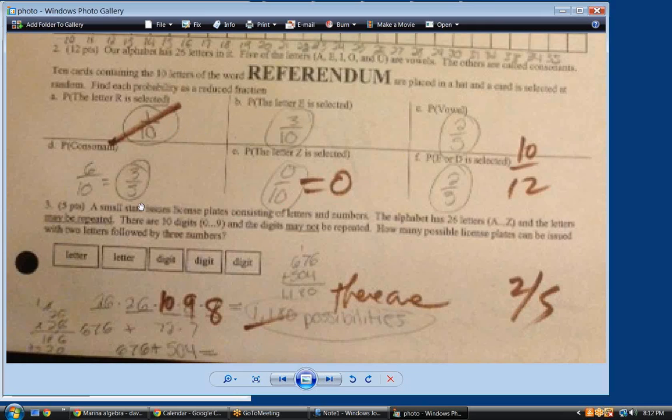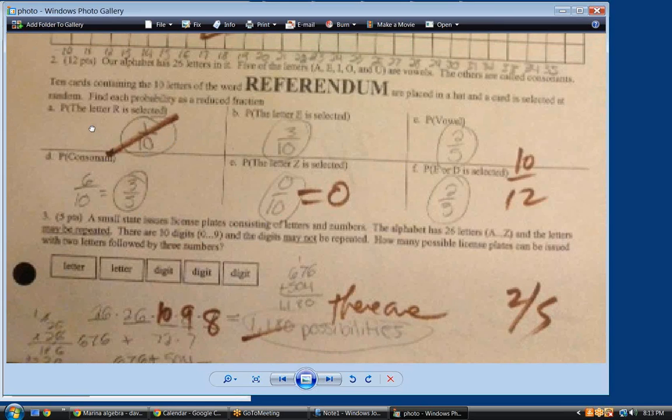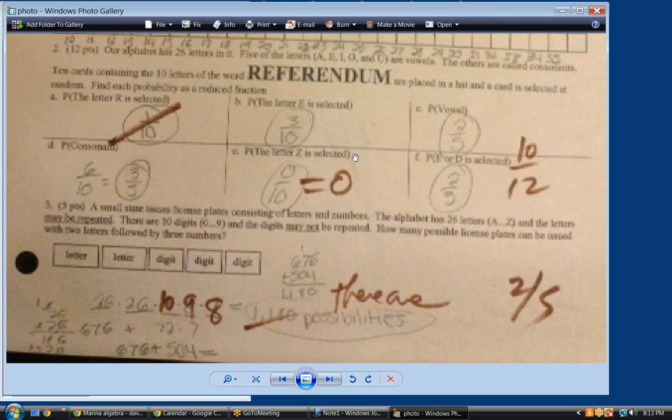What's the rest of this stuff? I'm not familiar with any of this. Is this important? A through F? Hold on, let me look at it. Looks like you got 10 out of 12 on it.